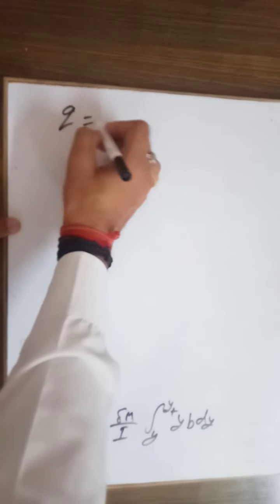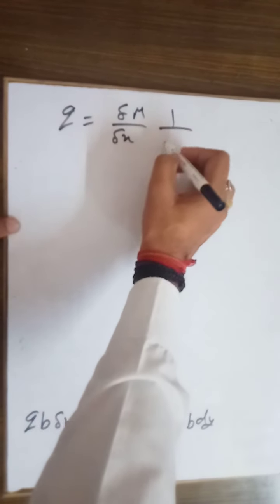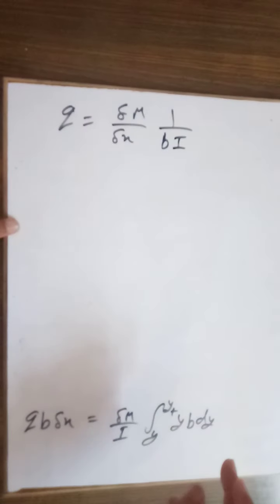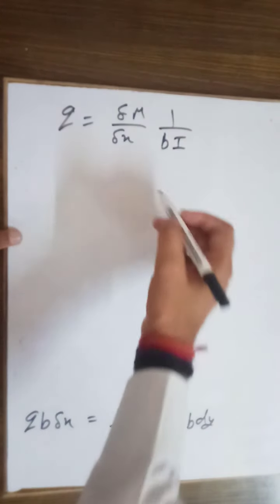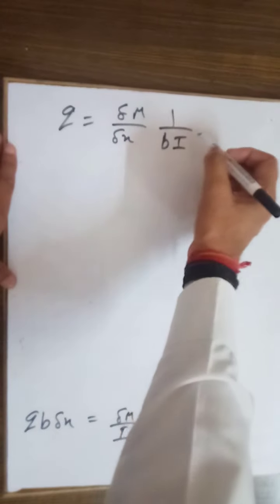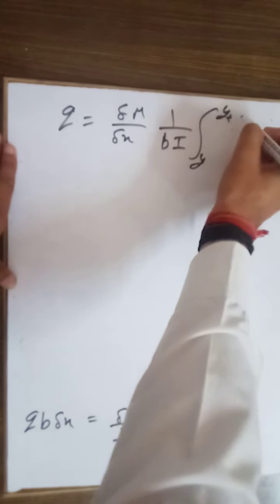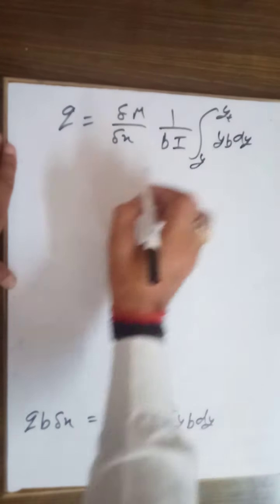So Q can be written as del M upon del x, 1 by B I, and this integration from y to yt of Y B dy.